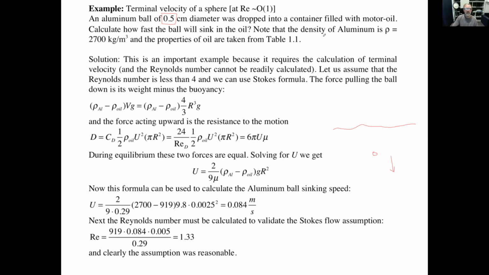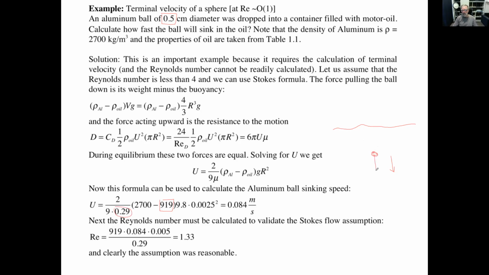All right, so let's see. And by the way, here are properties. So that would be the density of the oil, 919, and the viscosity is 0.29. All right, so we're trying to get a balance on the little ball.